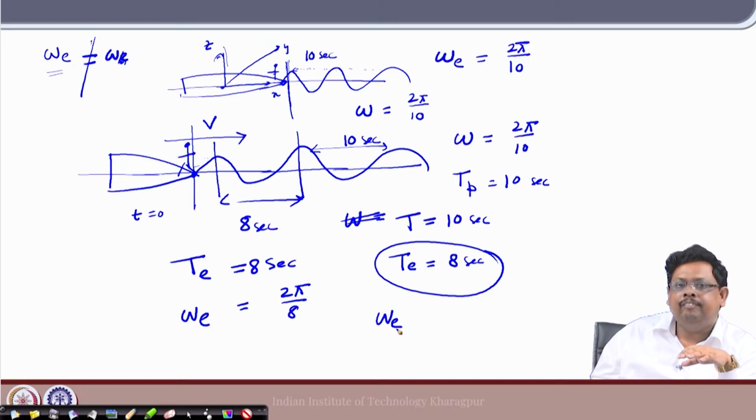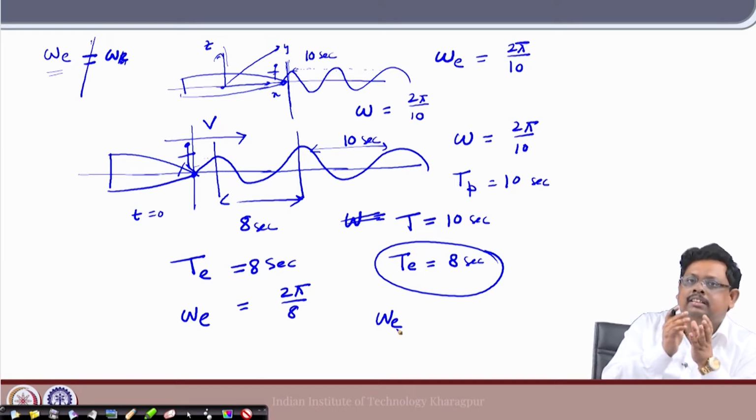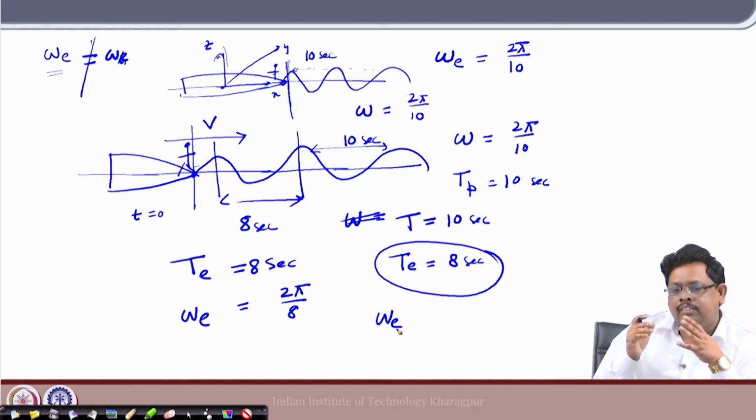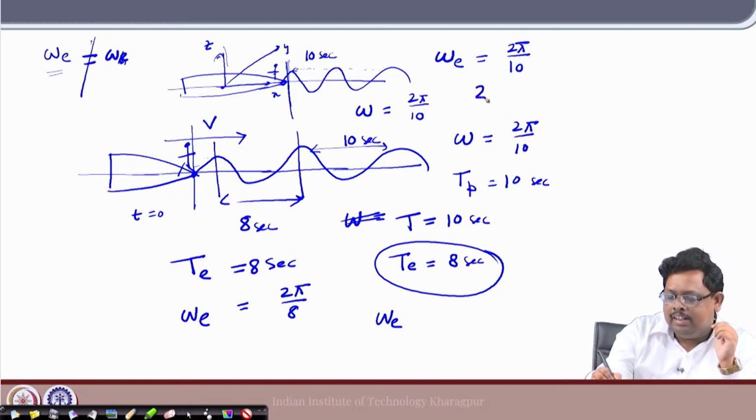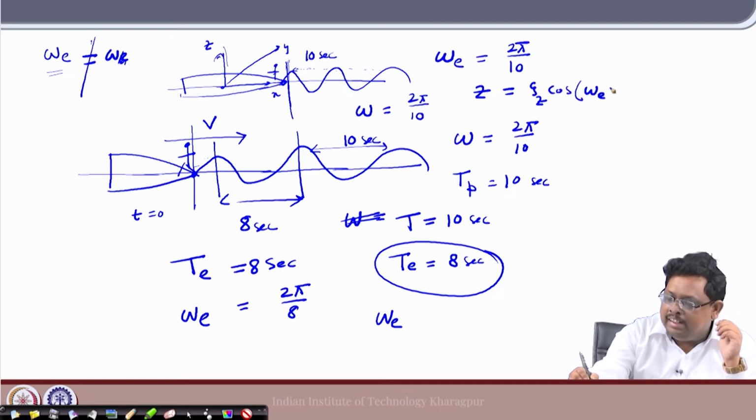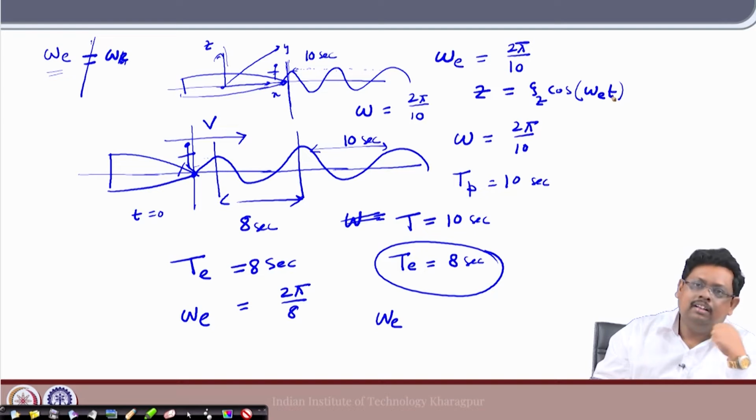Now, if the ship is advancing with some velocity v, then this wave frequency omega is not the same because of this forward velocity v. So, the ship cannot oscillate with respect to omega, it should be omega e. Now, if I try to find out the motion of this ship, let us say vertical motion z, then z should be some amplitude xi z cos of omega e t, that should be the motion of the body.